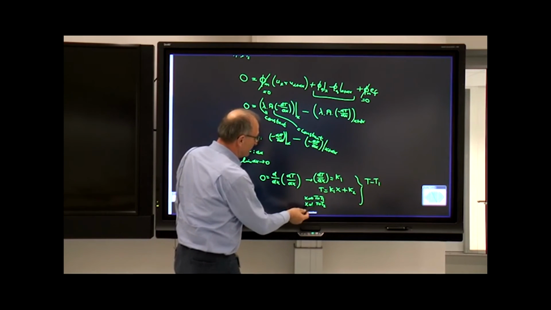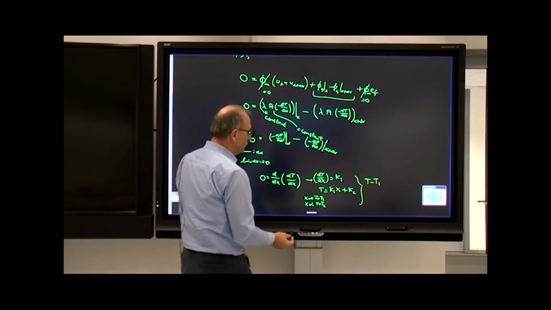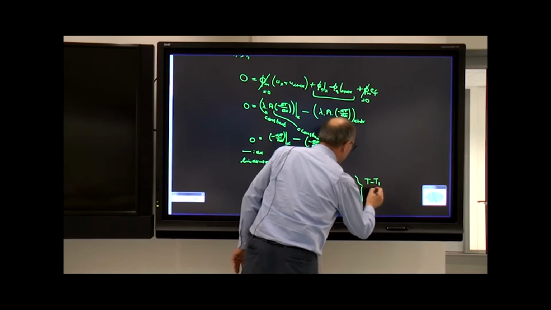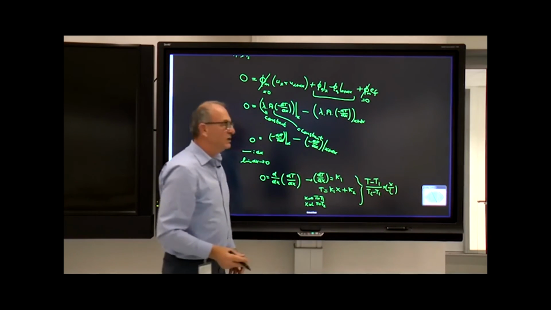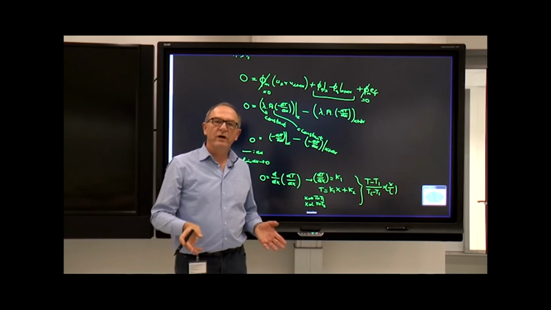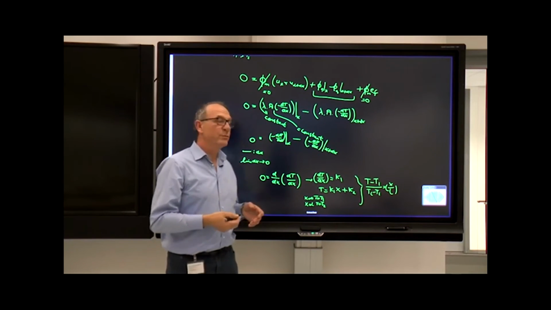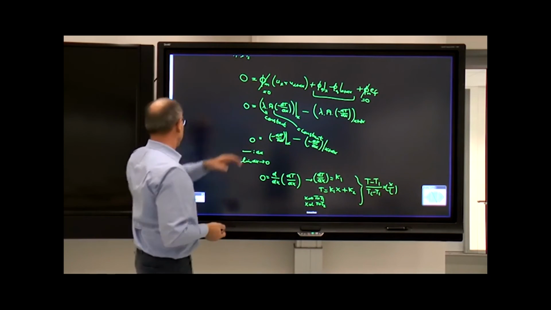And now at x is L, T is T2. So if we divide it by T2 minus T1, then this should be x over L. And you see that we get a linear temperature profile in this bar just by deriving from a microbalance.